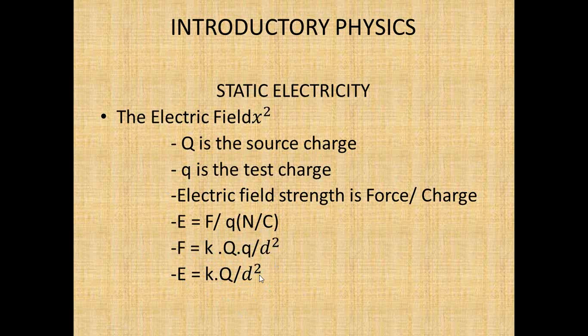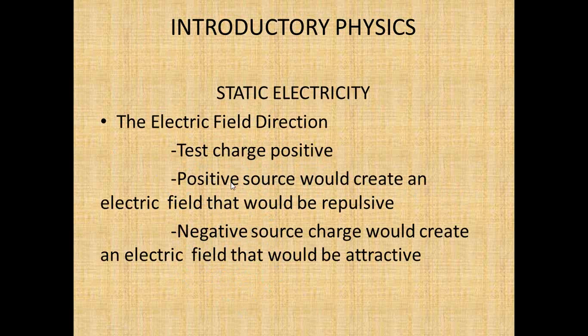If you bring in a test charge with a lot of charge, it's not going to influence the electric field strength of the original charged object, which makes sense because the electric field strength of this object is related to the amount of charge that the object has. And again, electric field strength is in the unit newtons per coulomb.